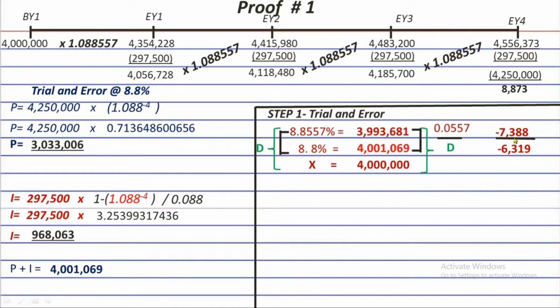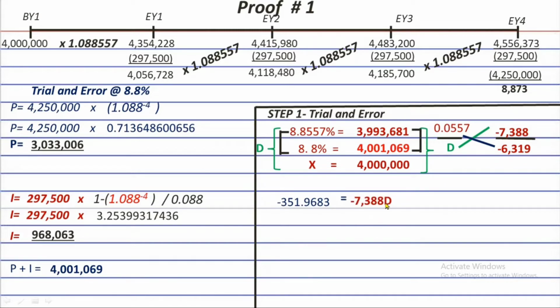And since we already got the two fractions, the next thing that we should do is to cross multiply to get the d. So we have negative 6,319 times the 0.0557, and we will get negative 351.9683. And then of course, negative 7,388 times d equals negative 7,388d, of course.